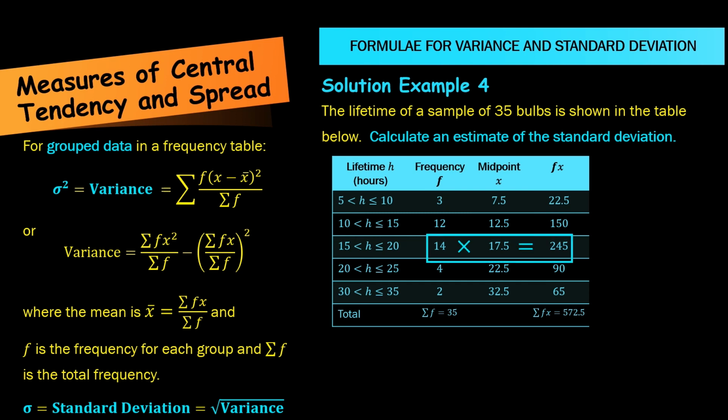For the third interval, 14 times 17.5, which is 245. For the fourth interval, fx is 90. And finally, for the last interval, fx is 65. Sum fx is equal to the sum of all these values, and that comes to 572.5.